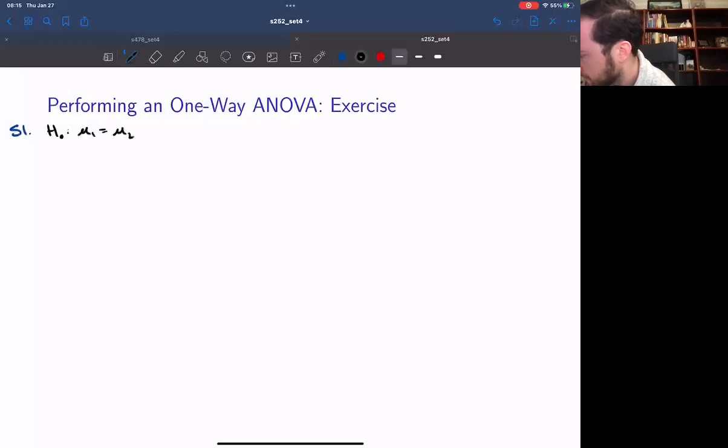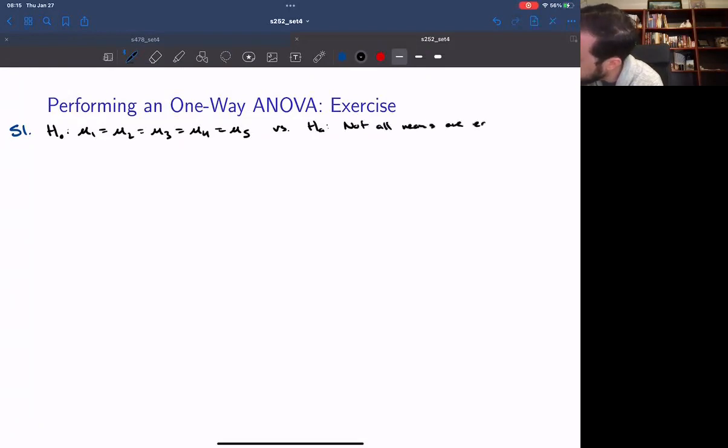Okay, so we are going to test that mu1 through mu5 are equal versus the alternative that not all means are equal.